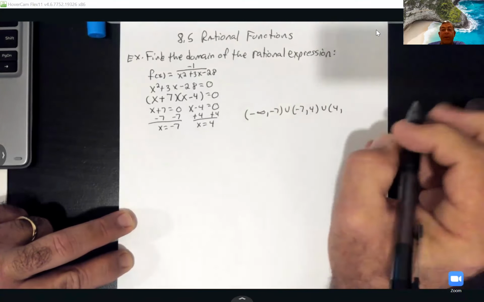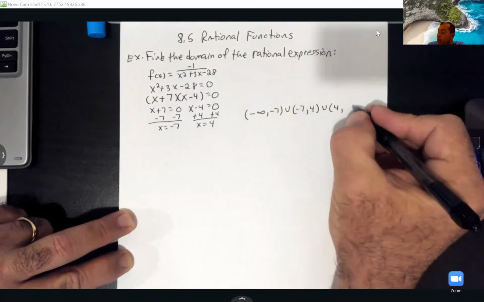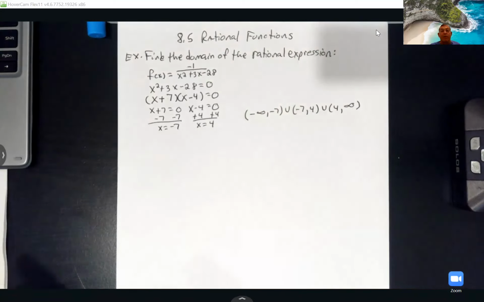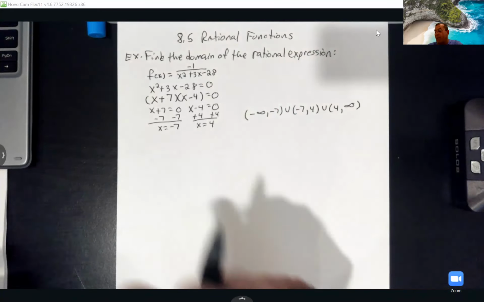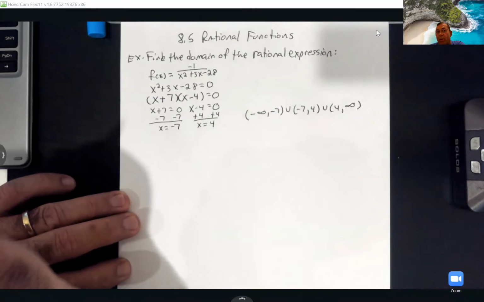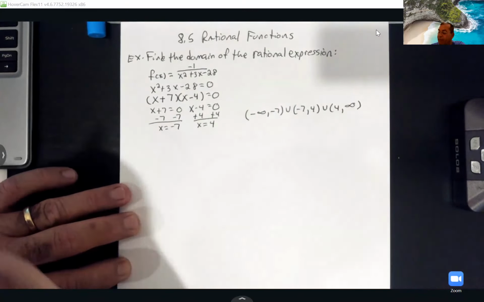And then union around that 4 till we head towards positive infinity. So the first two questions is just going back to doing domain type stuff, just like we did in 5.1 on Tuesday.